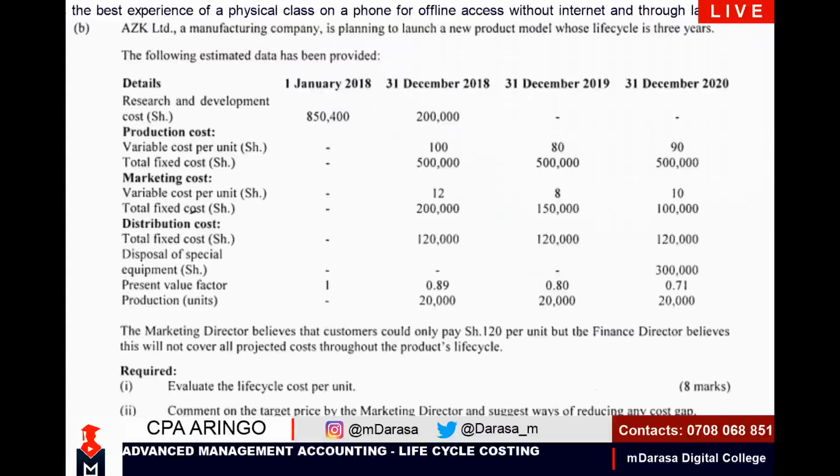I want you guys to understand this concept very well. So variable cost per unit, as at the end of year 1, which is 31st December 2018, we had 100 shillings. And how many units are we producing for that year? Come down here where we have production units. You can see I'm having 20,000 units.